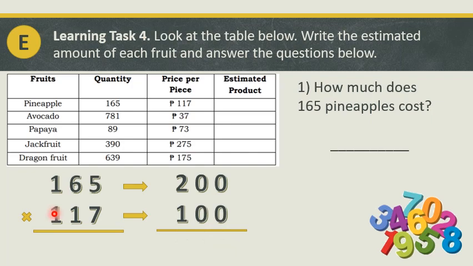Kaya 100. And then, bibilangin natin yung number of zeros. So, 1, 2, 3, 4. Then, 2 times 1 is 2. So, kaya ang answer natin is 20,000 pesos. So, ibig sabihin, ang 165 pineapples ay nagkakahalagang approximately, so estimated lang natin is 20,000 pesos.